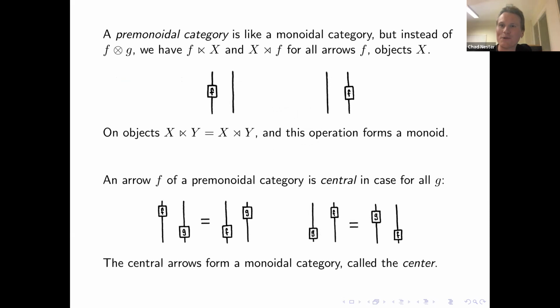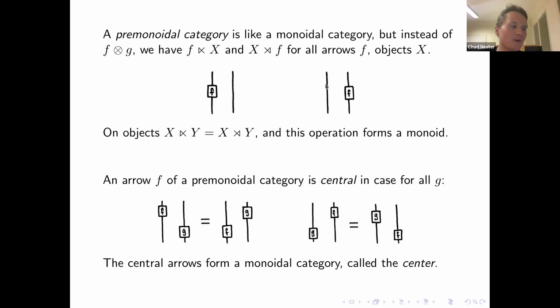And this category is going to be a pre-monoidal category. We'll talk about what that is first. So, in a monoidal category, I can put things next to each other. And in a pre-monoidal category, instead of having one operation that lets me put things next to each other, I have two operations that let me put things next to identity wires. So I have F L times X for every object X and morphism F, which we think of as this string diagram.